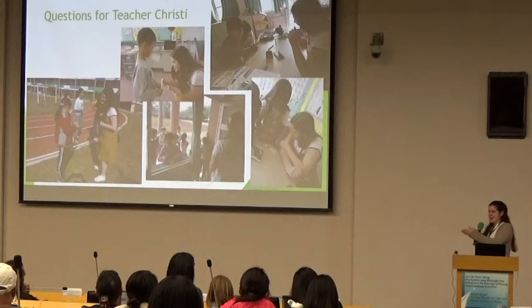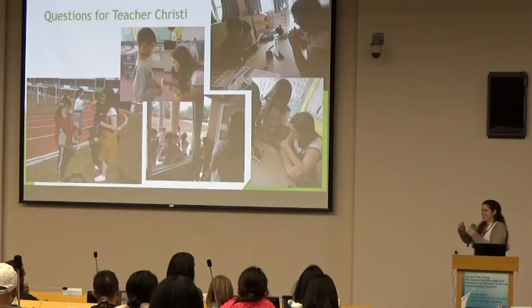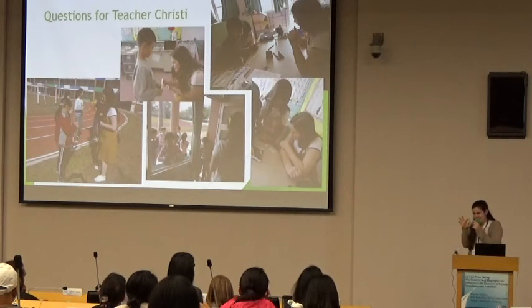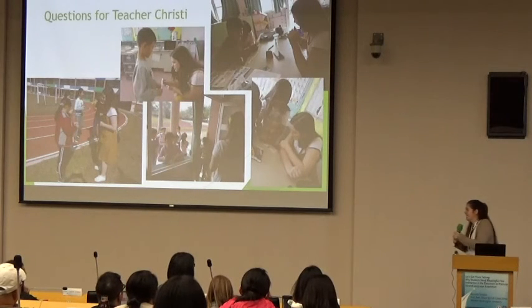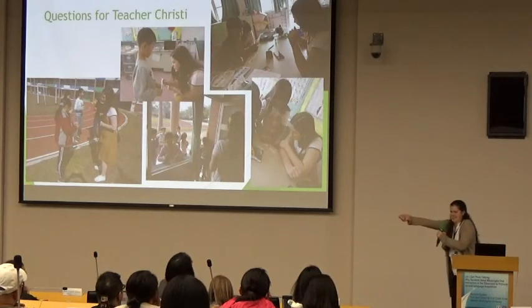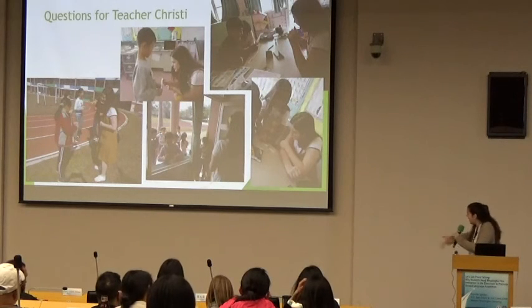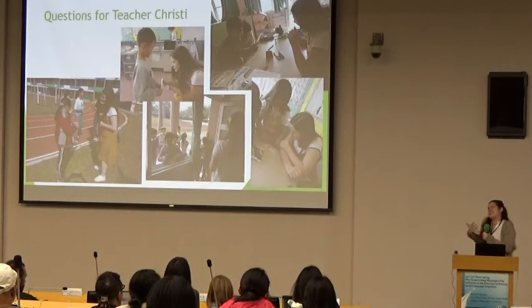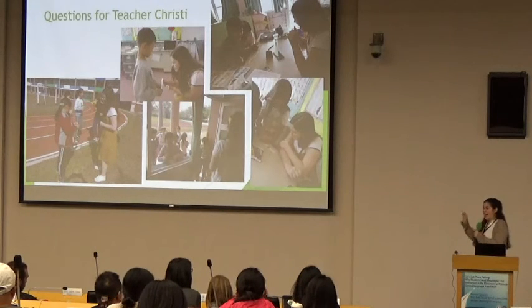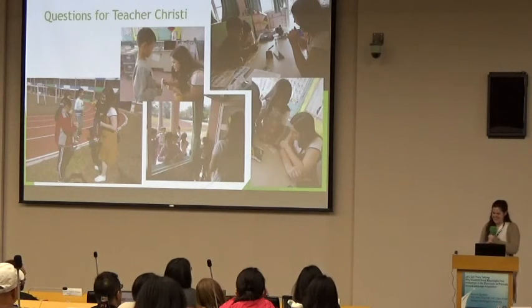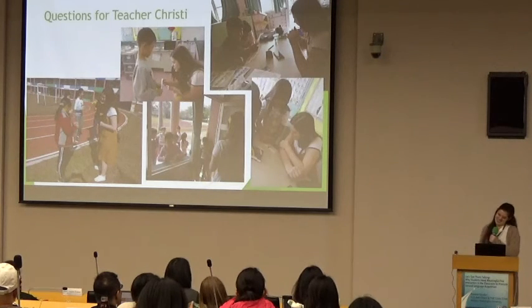So Joyce made these questions and put them on little strips of paper, so that they could just come up and ask me. Sometimes they just hand it to me. But that way they got to interact with me, because before they were just like, hi, and then run away. So this way they could actually talk to me.